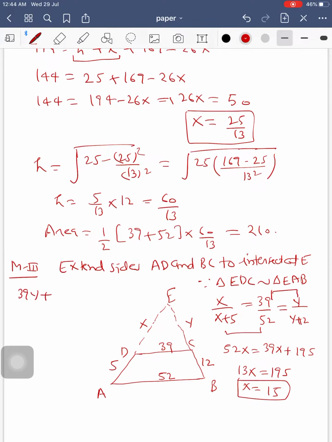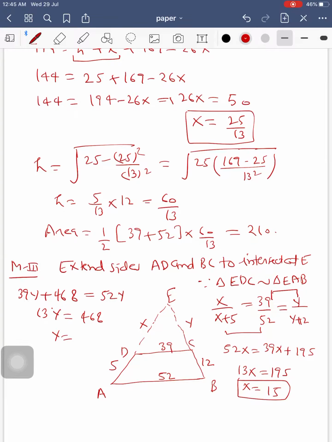Taking the last two ratios, we can write 52y equals 39y plus 39 into 12. 39 into 12 is 468. So 13y equals 468.